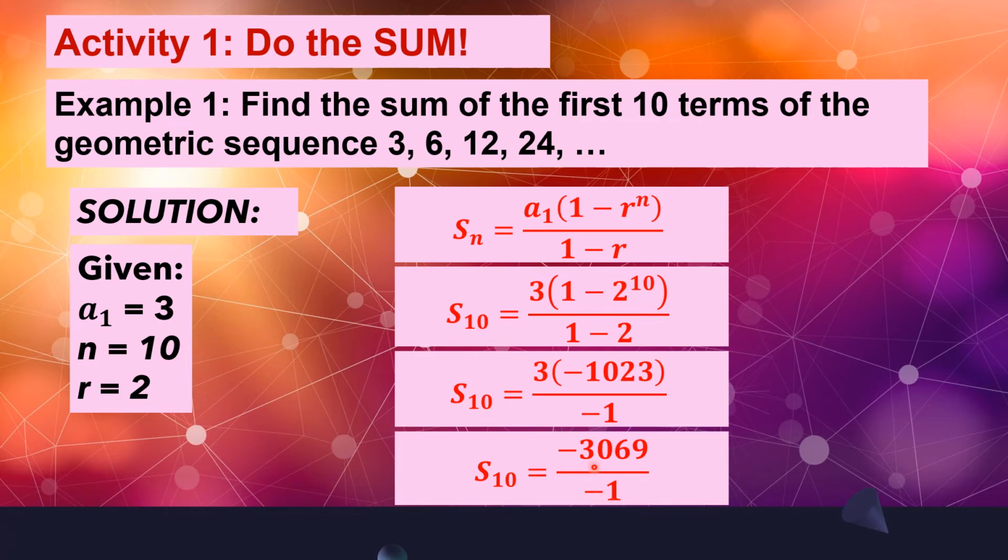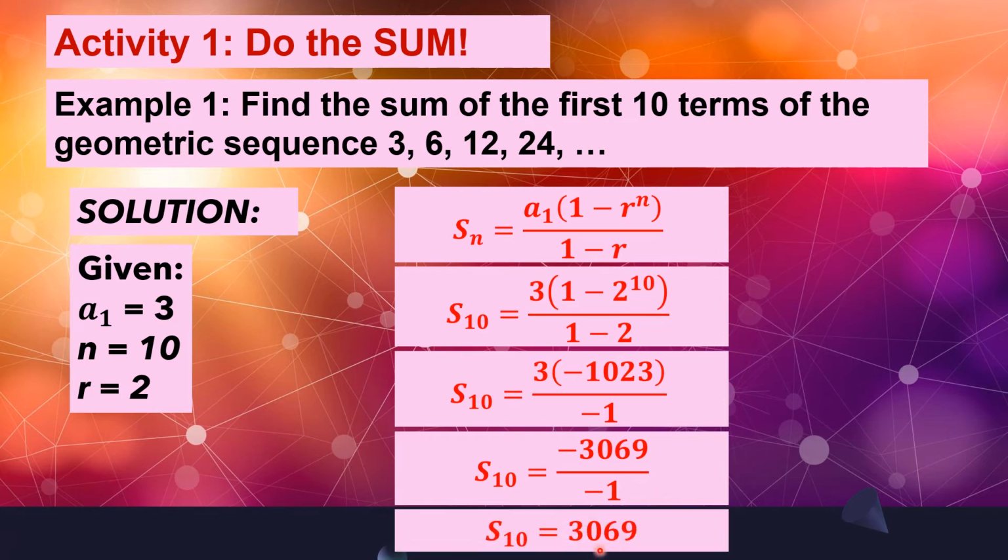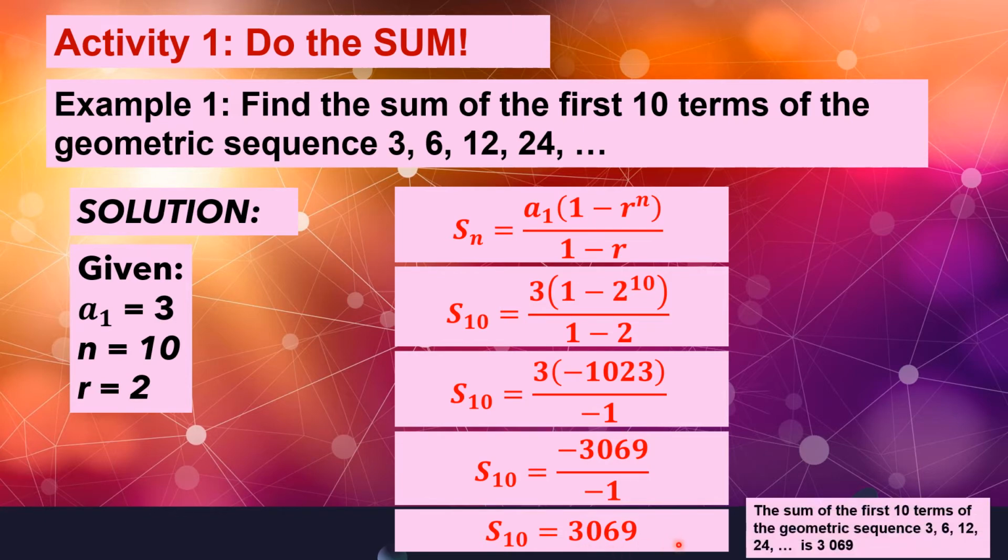Negative 3069 divided by negative 1 is equal to positive 3,069. So the sum of the first 10 terms of the geometric sequence 3, 6, 12, 24, and so on is 3,069.